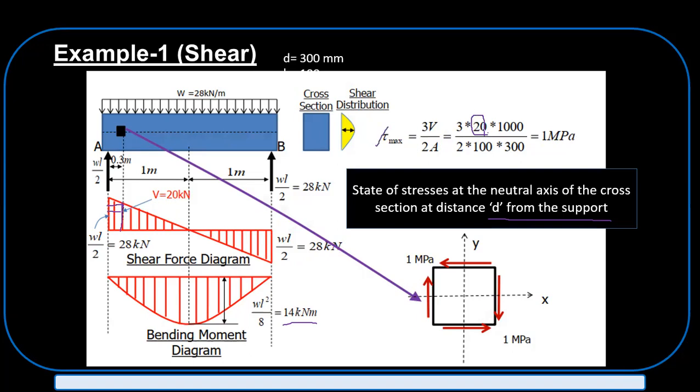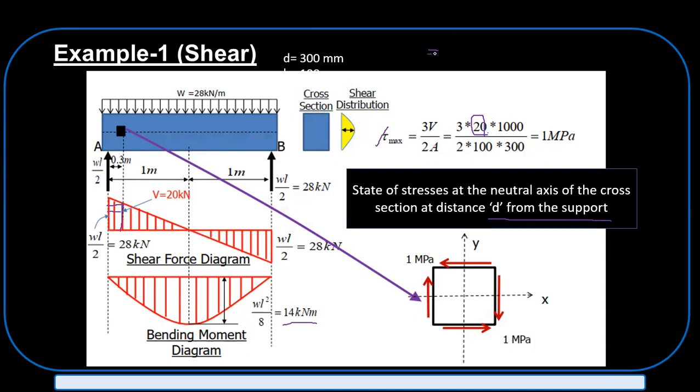This is the average shear. Then you divide it by the area. So the kilonewton becomes newton, and the area is in millimeter squared. That brings you to 1 megapascal.